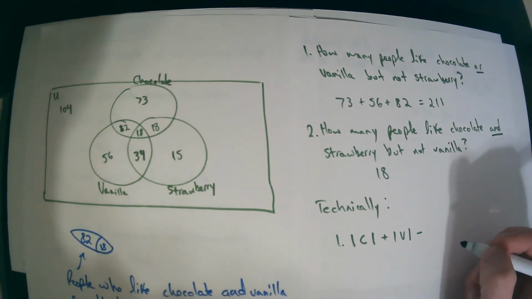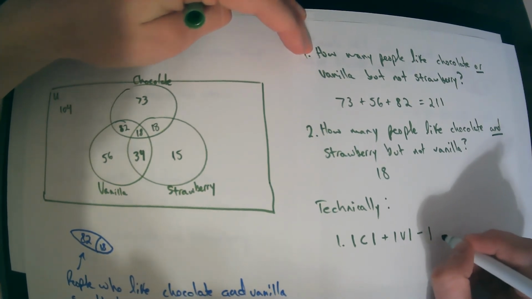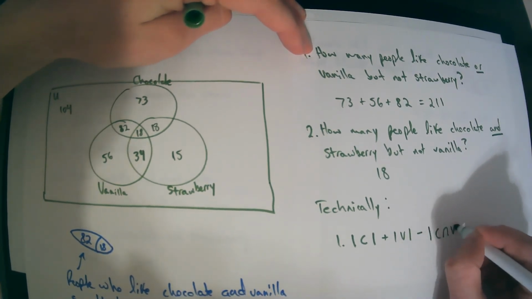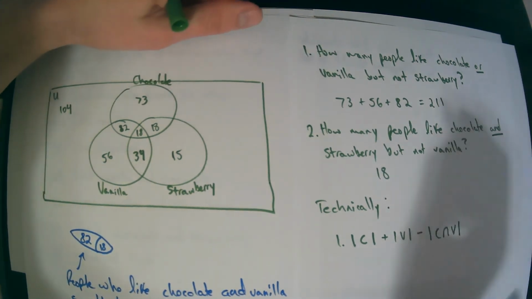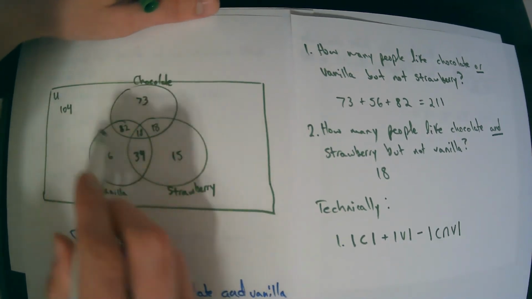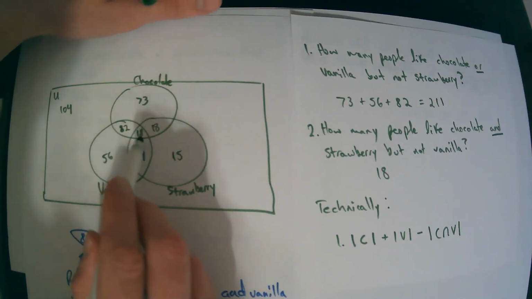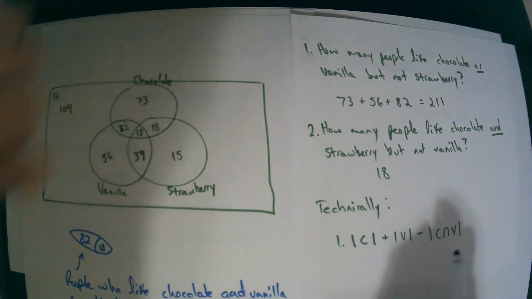First of all, the inclusion-exclusion principle would tell us to go ahead and exclude that extra intersection that we would get from adding C and V. If it was just these two sets and we added C and V together, we would get that intersection in there twice, so we would have to subtract it there.